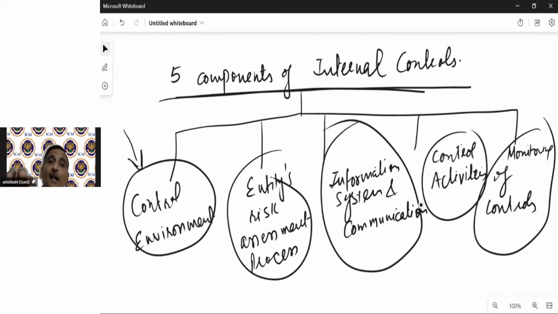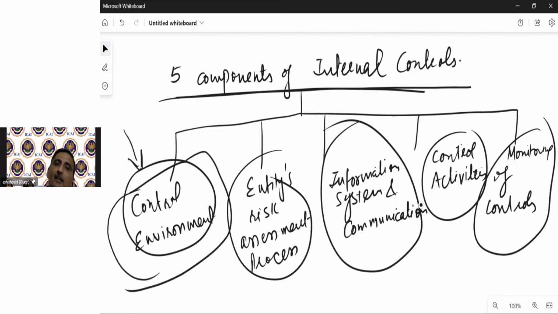But you also have to understand that a satisfactory control environment by itself does not guarantee that the control system is operating effectively, that there would be no deficiencies in the control system, as a result of which there would be no material misstatements. It is just a pointer. It is just an indicator.